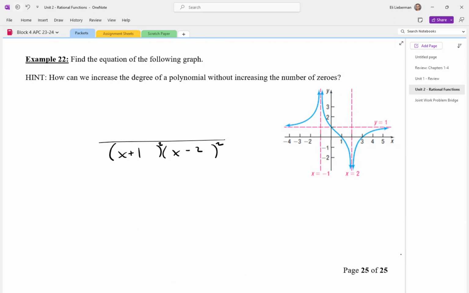Are we perfectly clear on that? That's definitely something I need to see. If this is a question on the test, I need to see that multiplicity of 2, please. Continue. And then on the top, I have x minus 1 and x minus 3 because the x-intercepts are 1 and 3. That's fine. Okay, this is good stuff, isn't it?